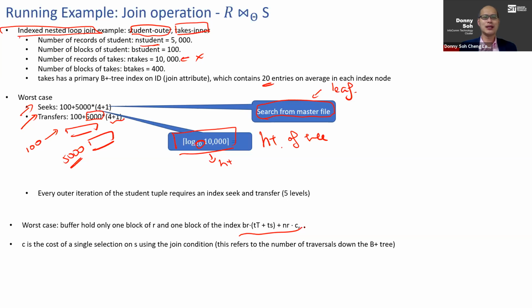This formula, why is it so different from this? But actually, they are the same thing. Because this has the time, but this formula doesn't put the time. What this is saying is that this is both the seek and the transfer.